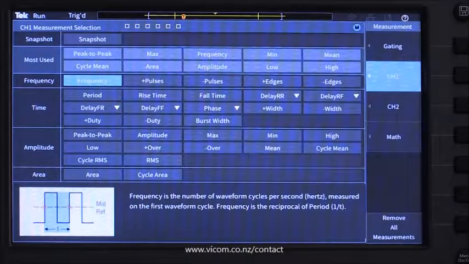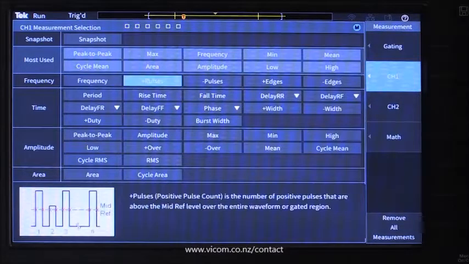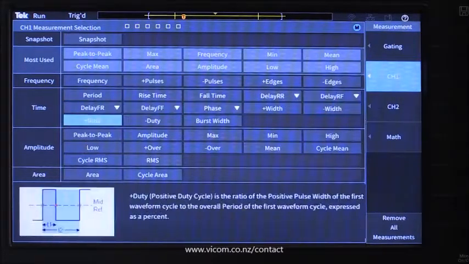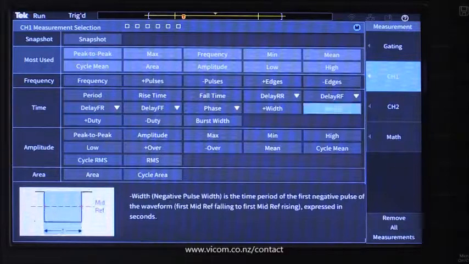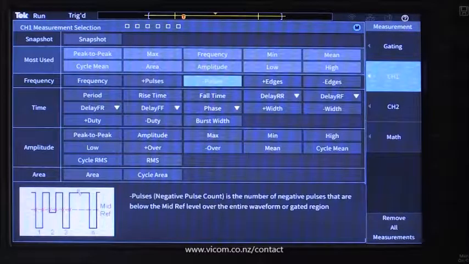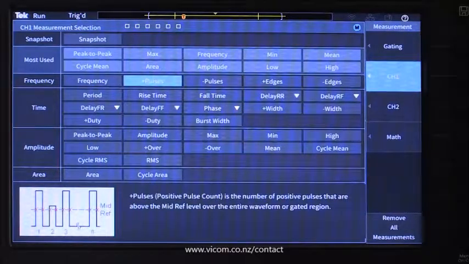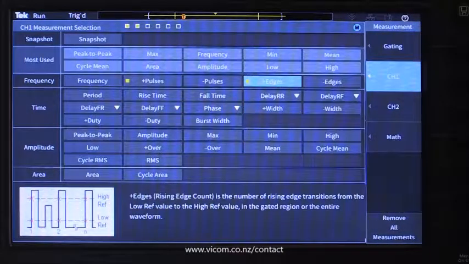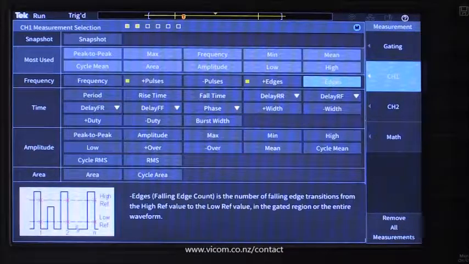Counting pulses can be useful for interpreting the position of digital encoders, for example. We'll use it to capture the number of pulses in this burst. Okay, we'll measure the positive pulses. I'll also turn on positive edges and negative edges. We'll count those as well.